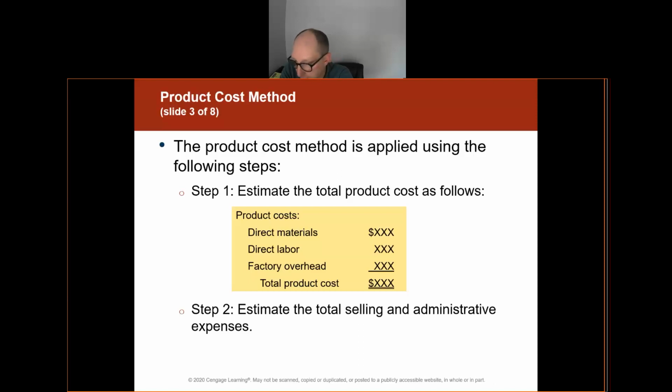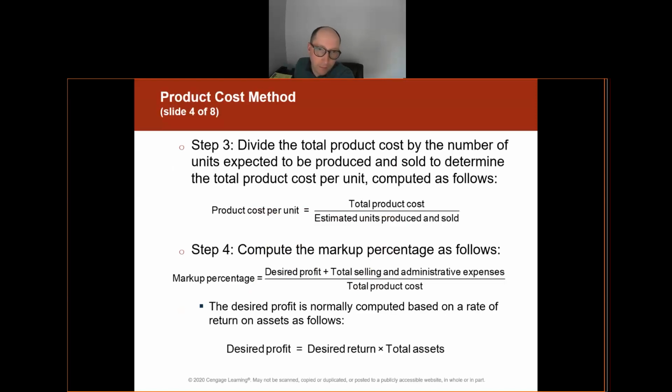Those are all selling expenses. Administrative expenses would include things like office personnel salaries, shipping expenses, and so forth. Those are administrative. Once we figure out the estimate for our selling administrative expenses, the third step is to take your total product cost divided by the number of estimated units produced and sold.